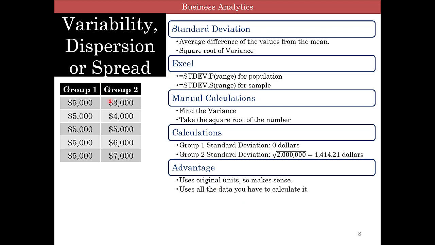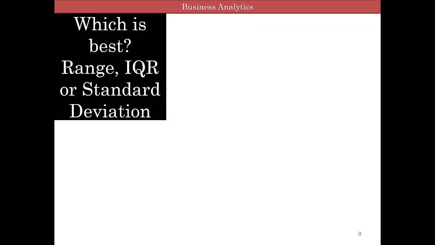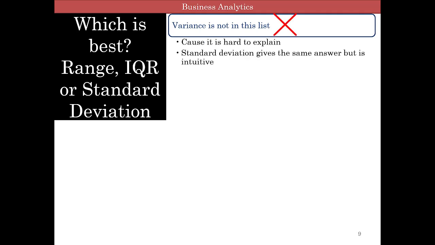So the advantage is that it uses its original units like dollars, so it makes sense. You use all the data you have to calculate it. The disadvantage is it is hard to use for skewed distributions. So which is best, range, interquartile range, or standard deviation? You'll notice that I've taken variance out of this list.